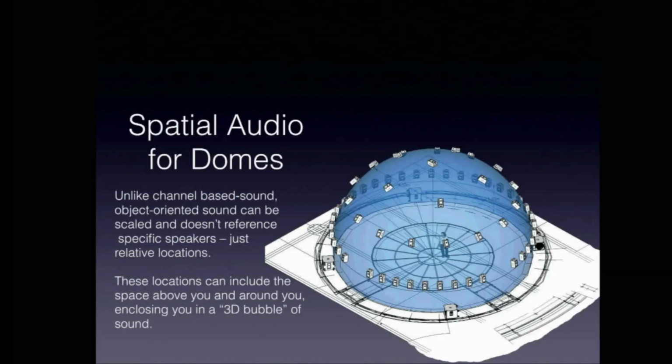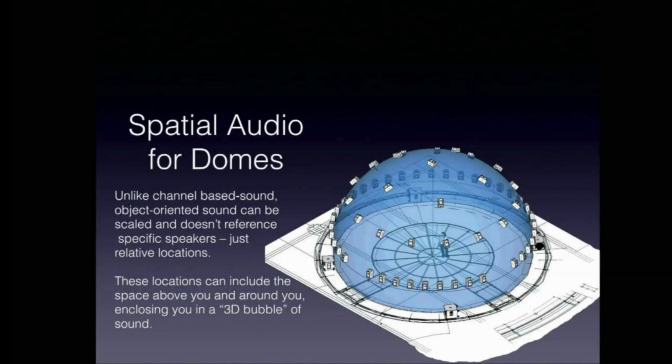There are a couple things that you want to remember as you're doing spatial audio for a dome. Unlike channel-based sound, I think you would really like to use object-based sound because this allows you more flexibility in how you do the sound in your sound space. And I want to remind you that the nice thing about object-based sound is since the metadata is with the object, you don't have to mix it for a particular set of speakers.